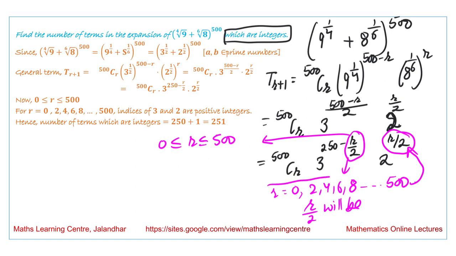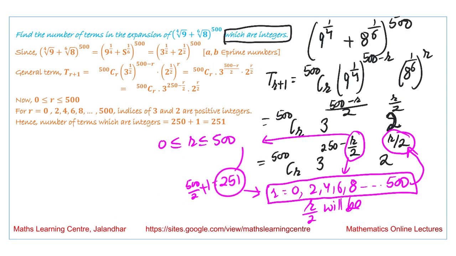So how many such values of r are there? We have 500/2 + 1, which is 251 values of r for which we will have the integer answer. So 251 terms are integer terms.